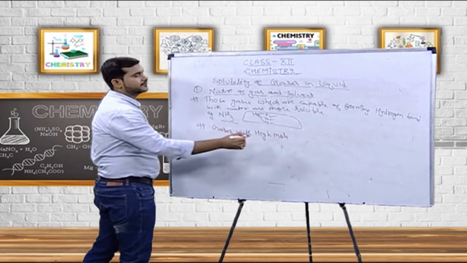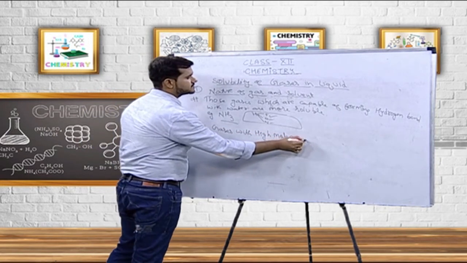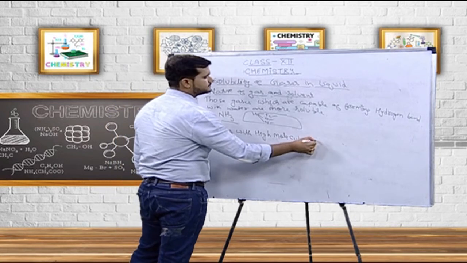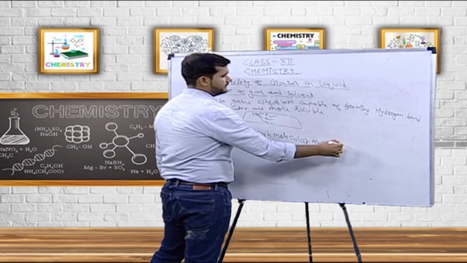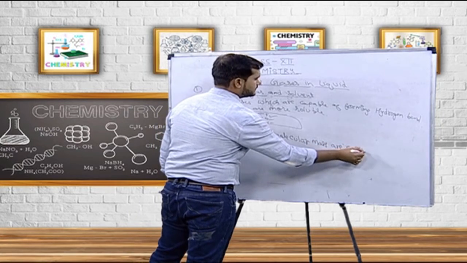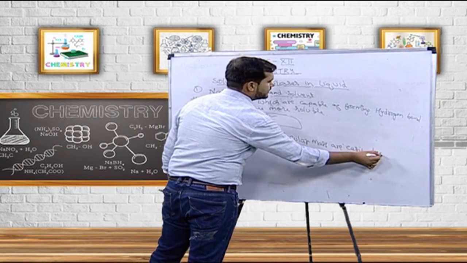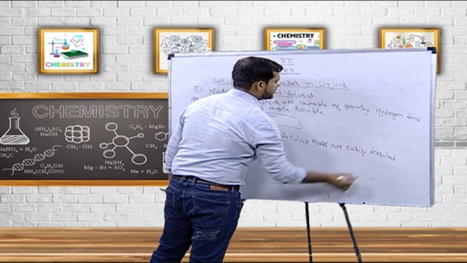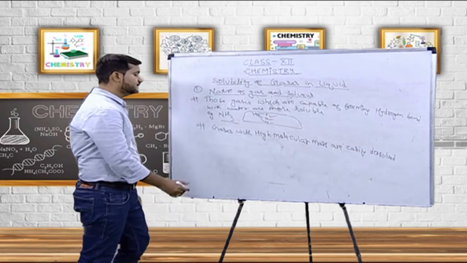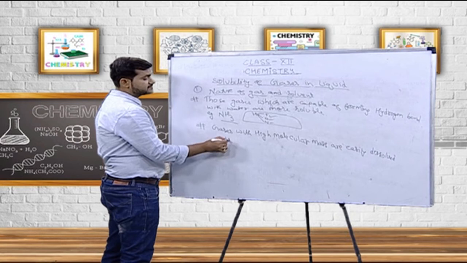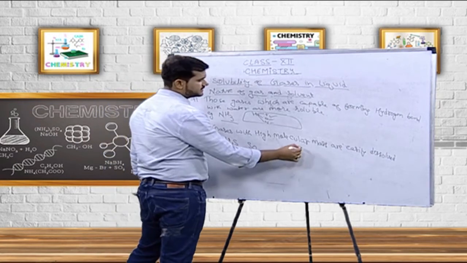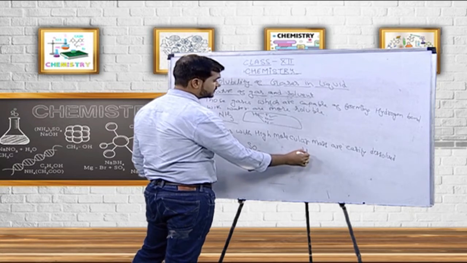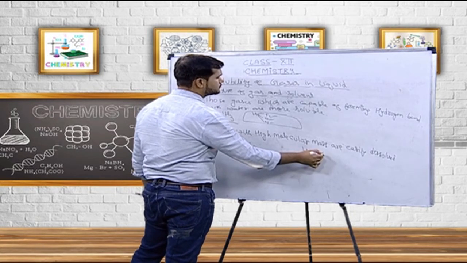Now, gases with high or larger molecular mass, you have to compare, are easily dissolved in water. Suppose I have the pairs H2S or SO2, and on the other side H2 or helium.